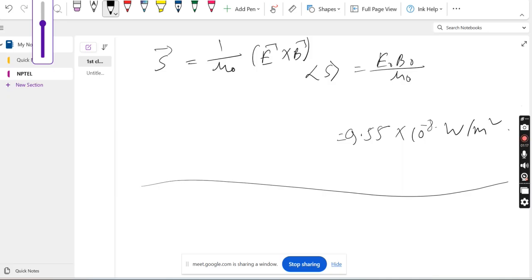Now we will move to a different kind of example, where we see whether some equation is a wave equation or not.